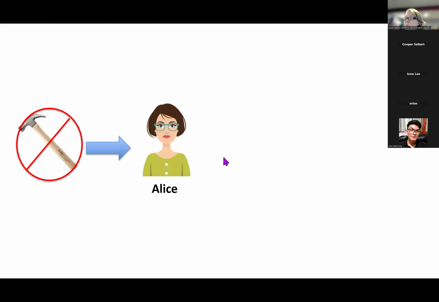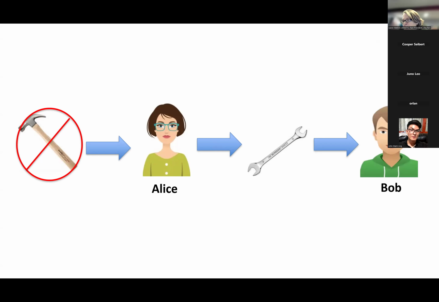Then from table 1, if Alice is guilty, then the tool is the wrench. Then from table 6, I believe, yes, from table 6, if the tool was the wrench, that meant that Bob got the coconuts. So we have a contradiction.